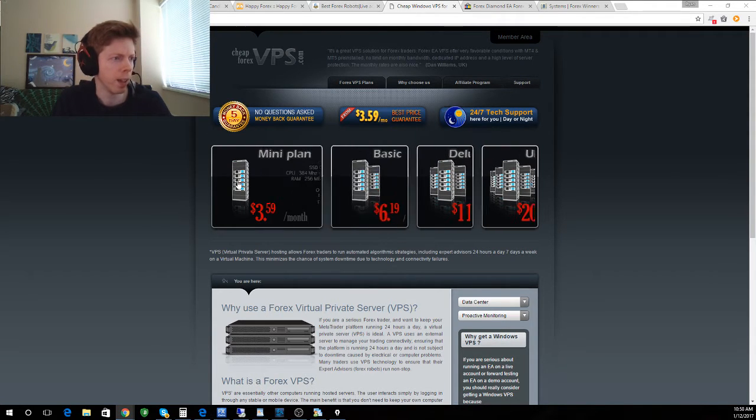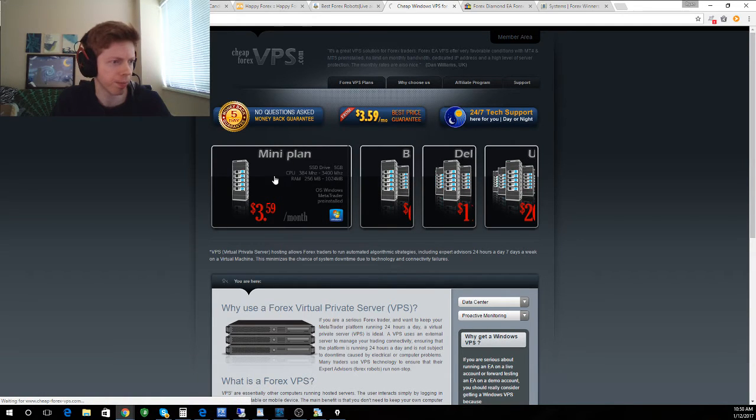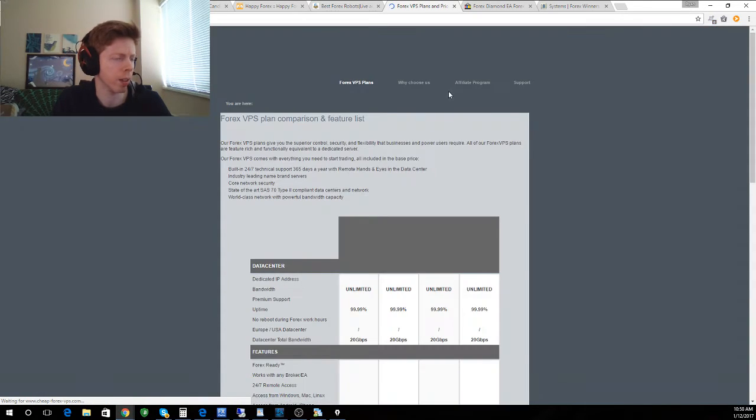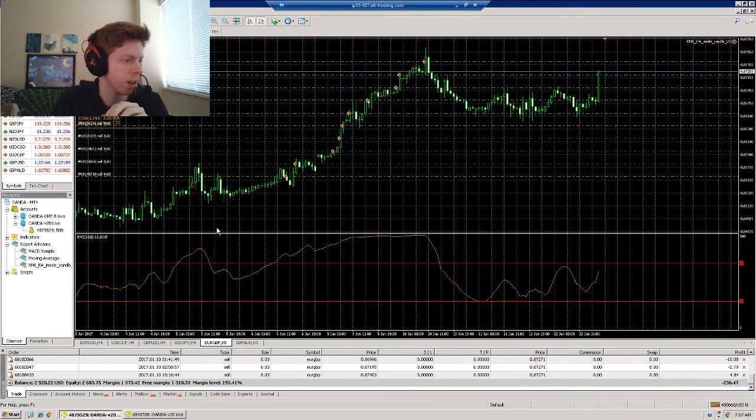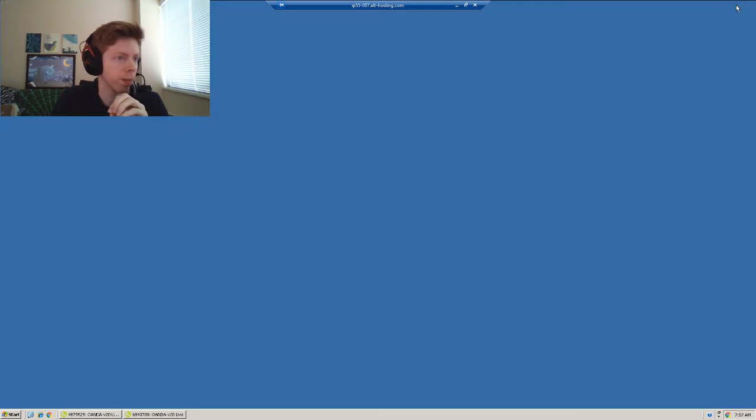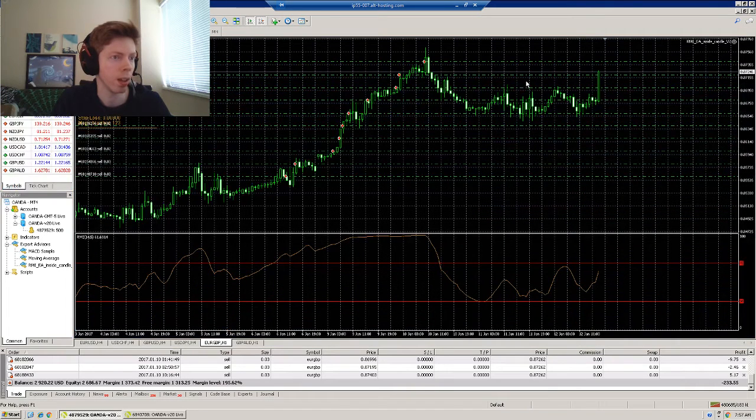If you click on their mini account, I think I actually have their mini account, you can see it here. This is cheapforexvps.com, and this is their server. This is what it looks like, and you can see that it looks like a completely other computer. This is the desktop, and this is my trading platform as well.